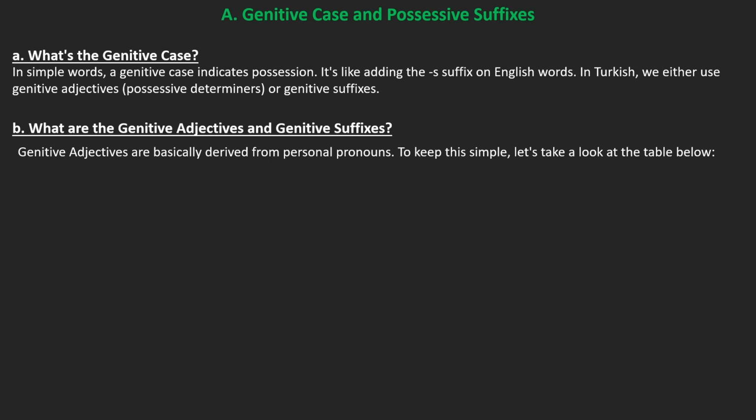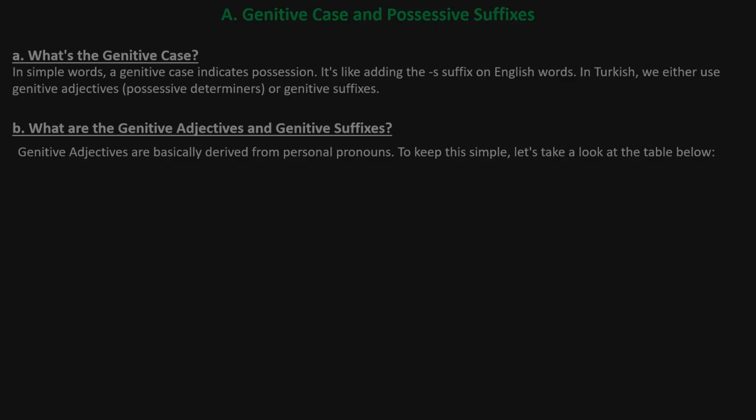He, she, it to his, her, its. I will show these in a table just in a bit, just explaining what it means. And then we, the personal pronoun we, but when it's the genitive adjective, it goes to our. So we, our. They kind of change to a different word.